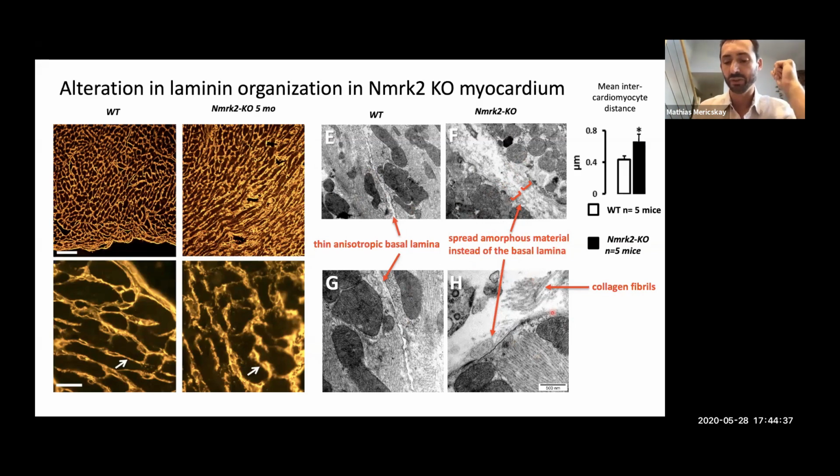I'm not showing it here, but Sirius red staining showed that there is indeed cardiac fibrosis in this mutant. So that's another additional potential role of NMRK2, that as in zebrafish or in myotubes, as shown previously in those other models, it is involved to some extent in a structural role in the establishment of the basal lamina.